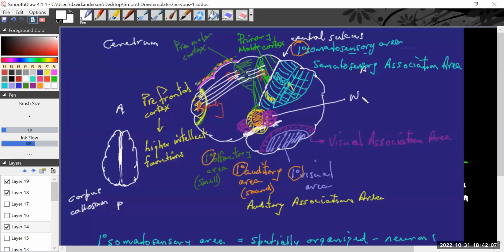In this case, this is called Wernicke's. Unfortunately, it's a guy's name that sticks with it. It is called Wernicke's area for speech. And this segment in front there is Broca's area for speech.